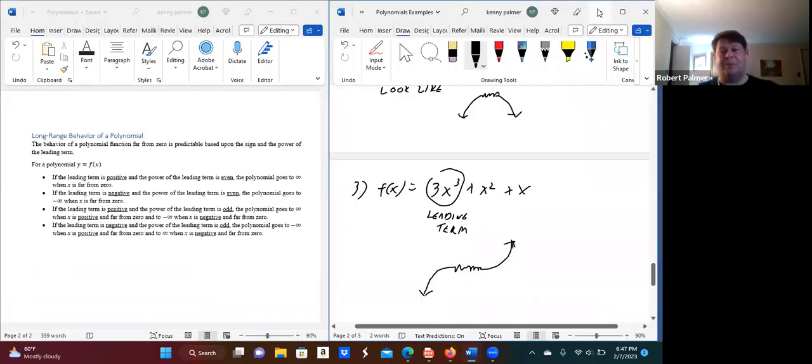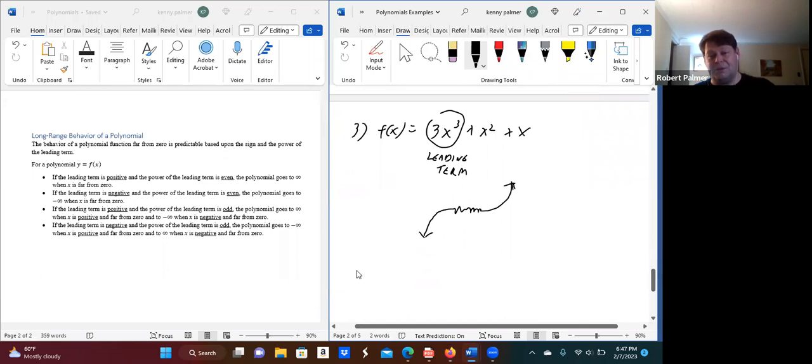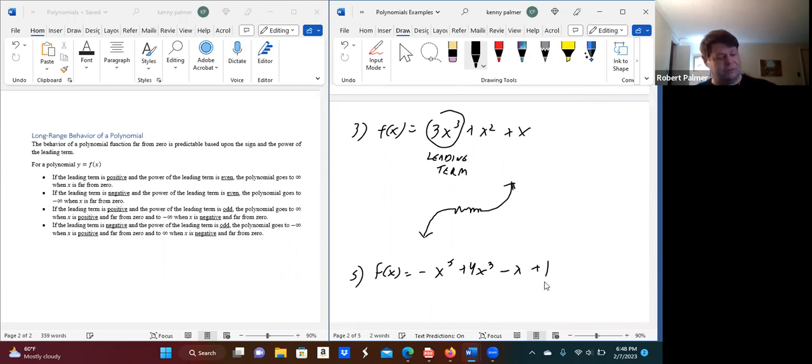Okay, let's look at one more example. Let's do one where our leading term is, let's do a fifth order one. So let's say f of x is equal to negative x to the fifth plus 4x cubed minus x plus 1. Negative x to the fifth plus 4x cubed minus x plus 1.